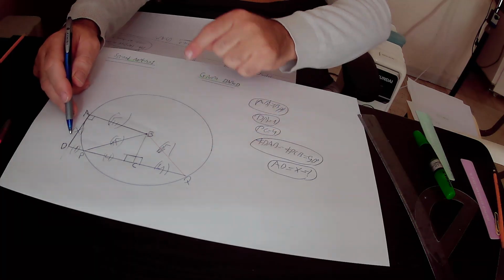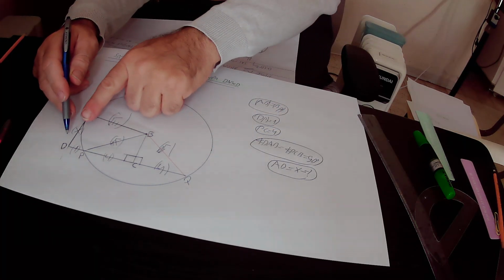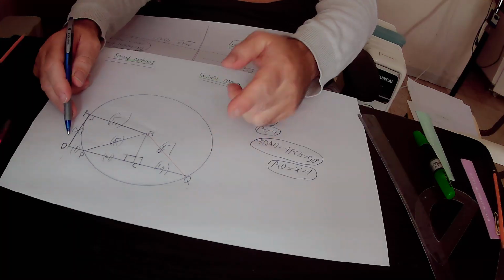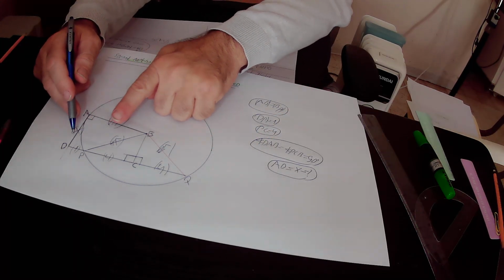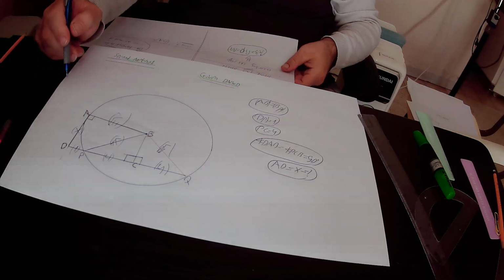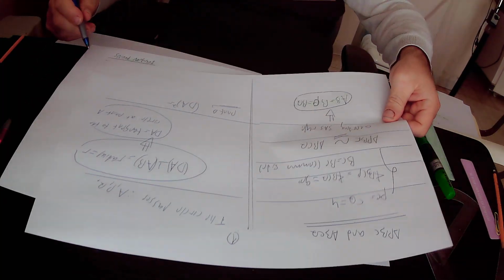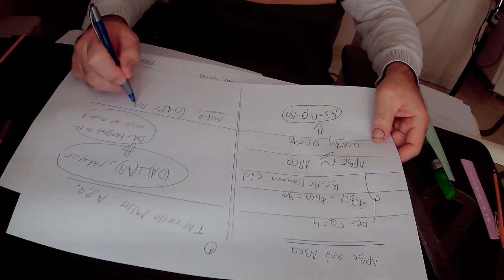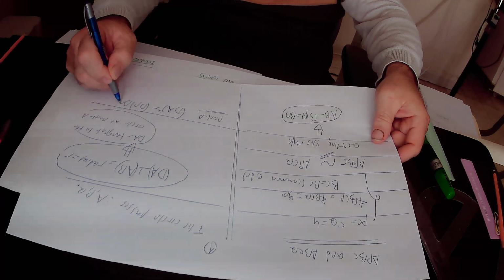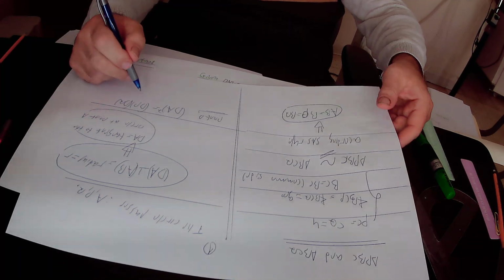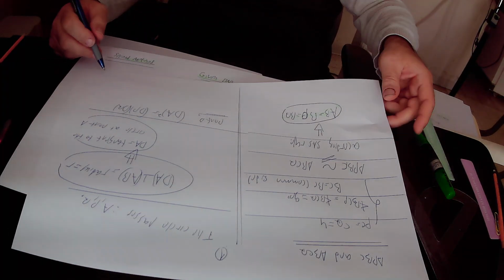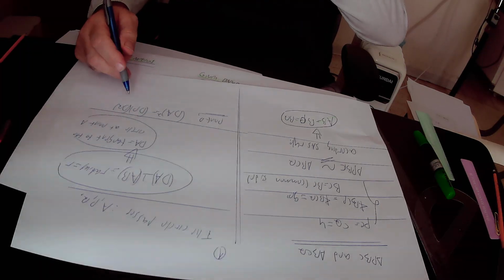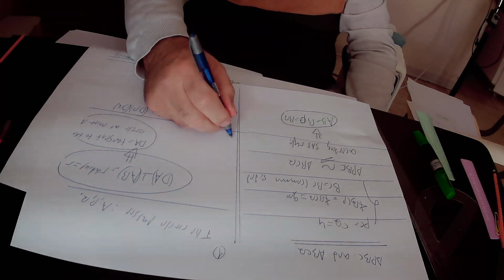The external part is DP, the length of the secant in total is DQ. So the product is DP times DQ. So in total, we found that DA squared equals DP times DQ according to the tangent secant theorem.